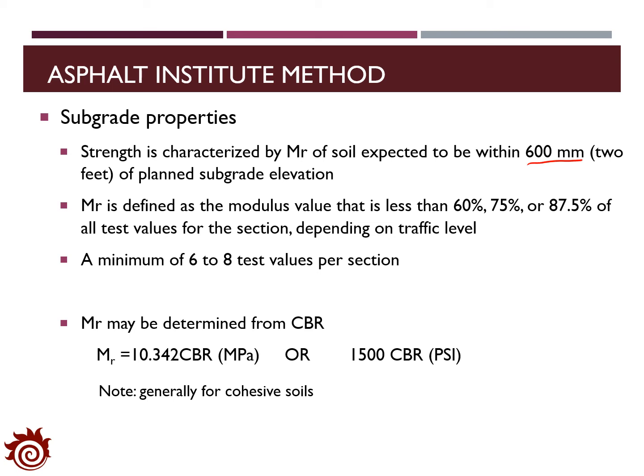Also, depending on the traffic levels of the pavement, the value of MR is defined as the 60th, 75th, or 87.5th percentile of all the test results for each section. This indicates that we have to conduct at least 5 to 6 tests for each section.